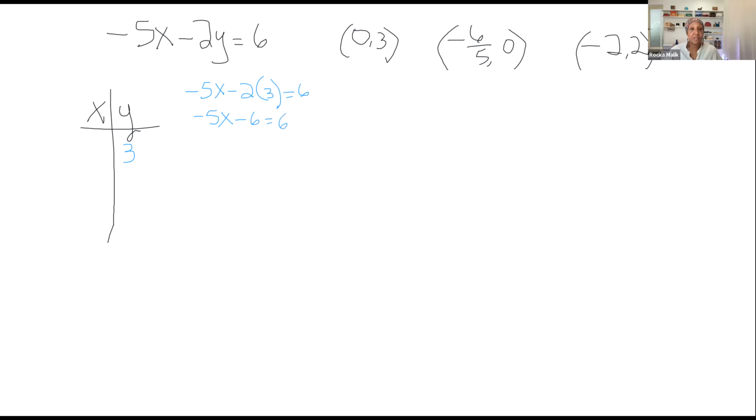I move the number to the other side with the other numbers. I'm left with minus 5x equals 0. So x equals 0.